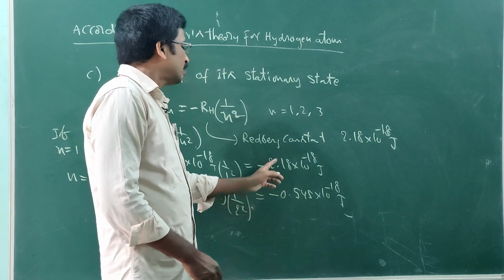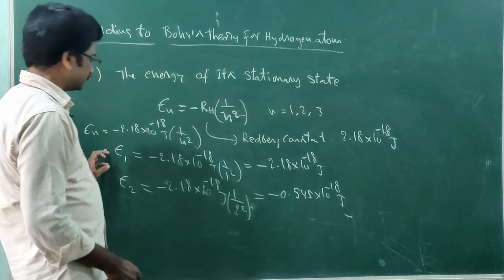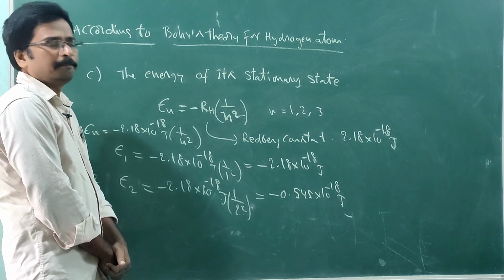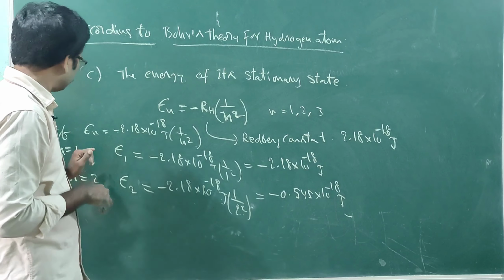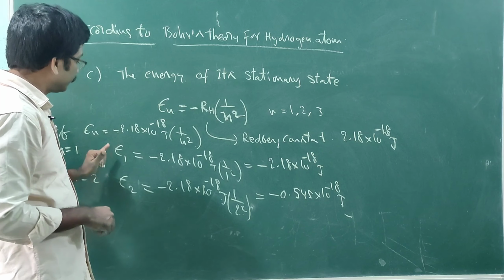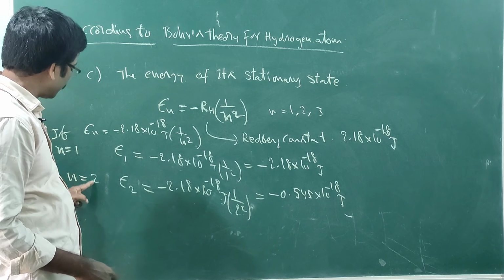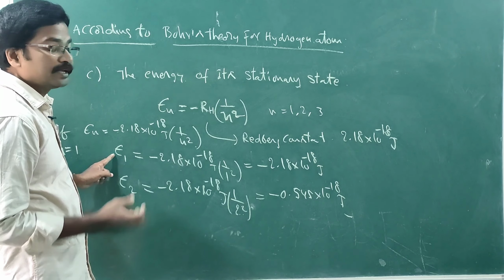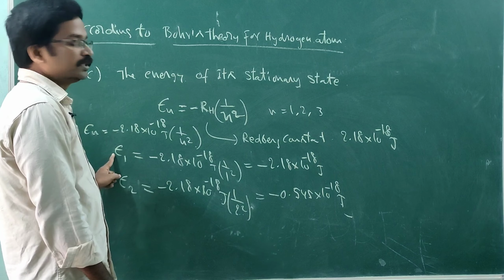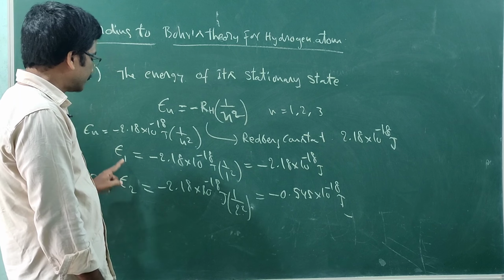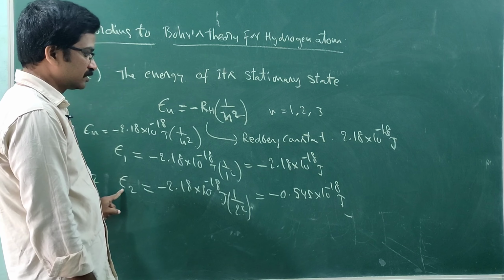What we observe from this point of view is that whenever n, the principal quantum number, increases, the energy of the electron increases.